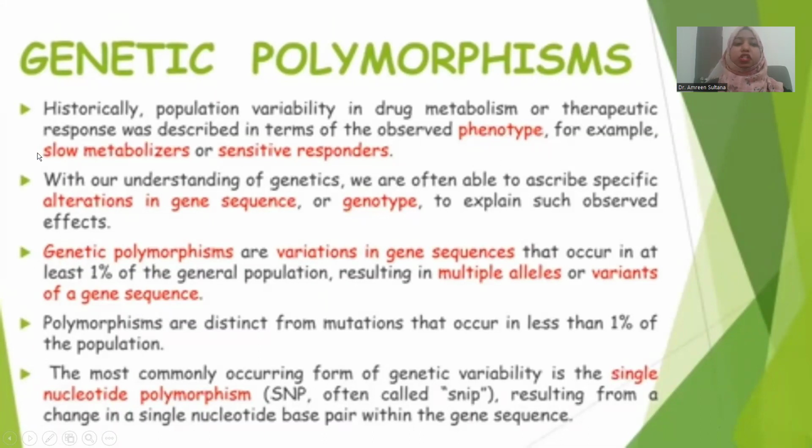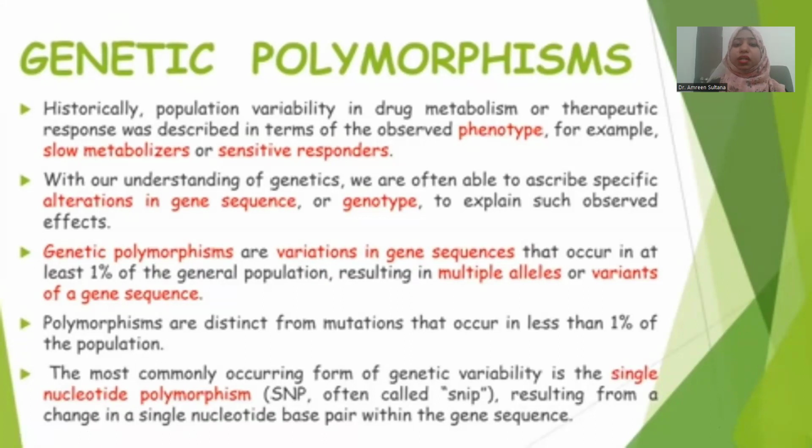For example, slow metabolizers or sensitive responders. In this case, you just need to observe the therapeutic response of the drug in the form of phenotypic conditions. A phenotypic condition is just what we observe.